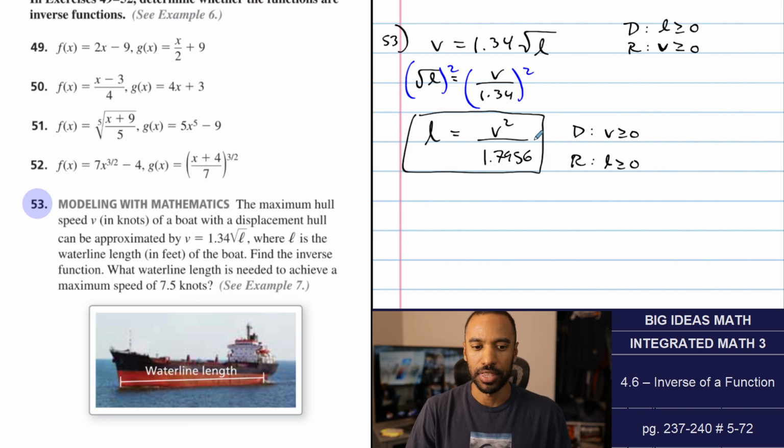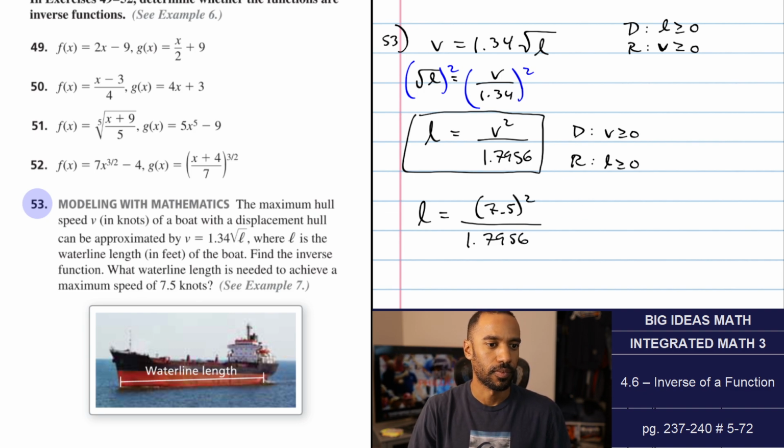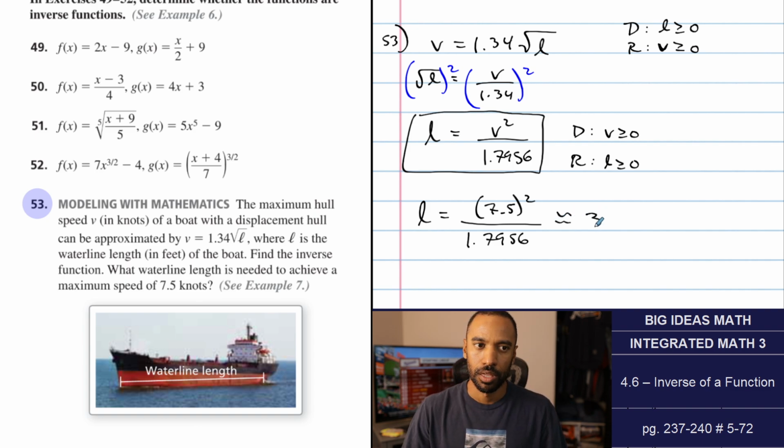What waterline length is needed to achieve a maximum speed of 7.5 knots? We're going to have to substitute 7.5 into here. 7.5 squared over 1.7956. So I'm going to calculate that one. And I'm getting 31.33 feet.